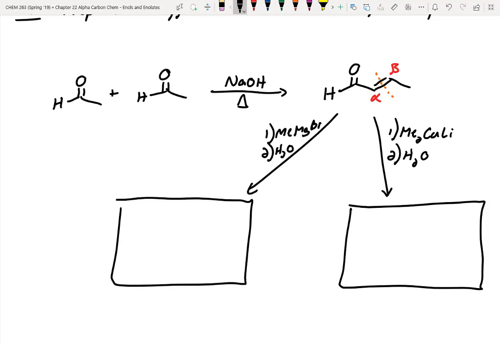Give me a thumbs up if you think you got the Grignard reaction. That's good. We should all have the Grignard reaction at this point.